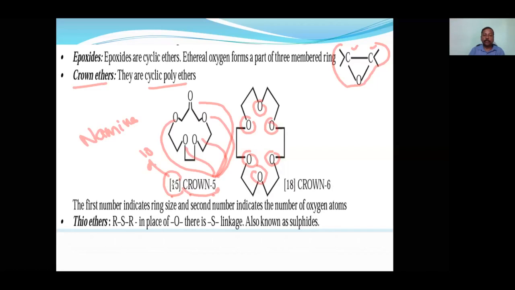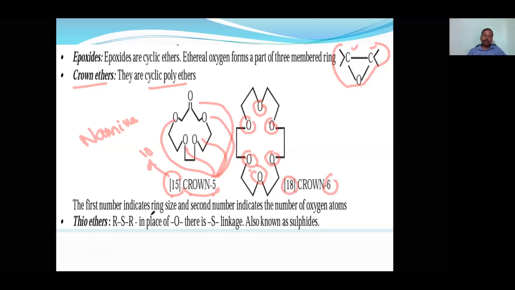So the total ring size is written at the start, and inside the crown you write only the oxygen number. See here, 1, 2, 3, 4, 5, 6. So this crown has 6 oxygen atoms and 12 carbon atoms. So total 18. That's why it is called 18 crown 6.